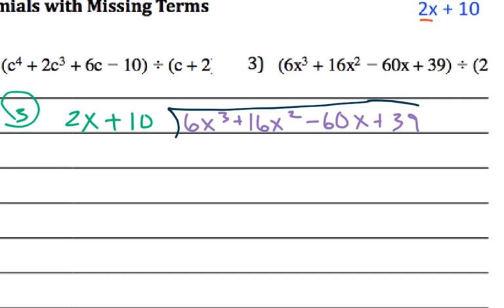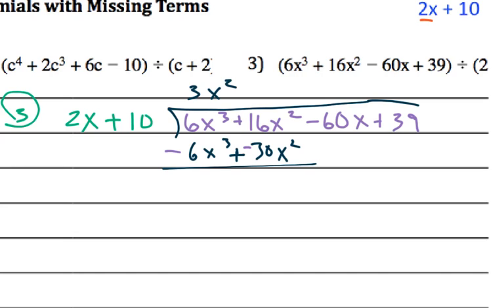And 2x fits into 6x cubed, 3x squared times. And that means 3x squared times 10 is going to give me 30x squared. We'll take that away. Let me use a different color here just so you can see the signs changing. Bye-bye to that term.